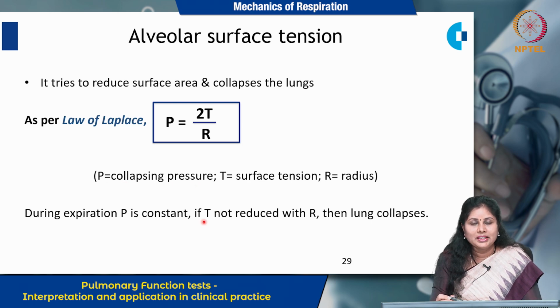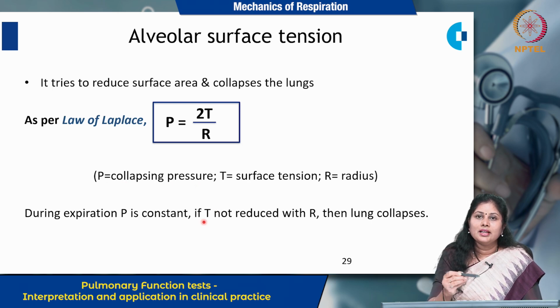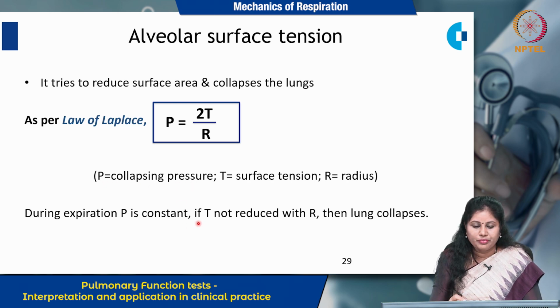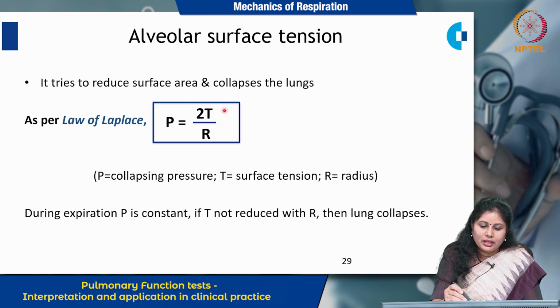In some other instances, we refer to it as distending pressure. Here in the alveoli, we refer to it as collapsing pressure. So collapsing pressure equals twice the surface tension over the radius. As per this equation, whenever the surface tension increases, the collapsing pressure also increases. Whenever the radius increases, the collapsing pressure decreases.